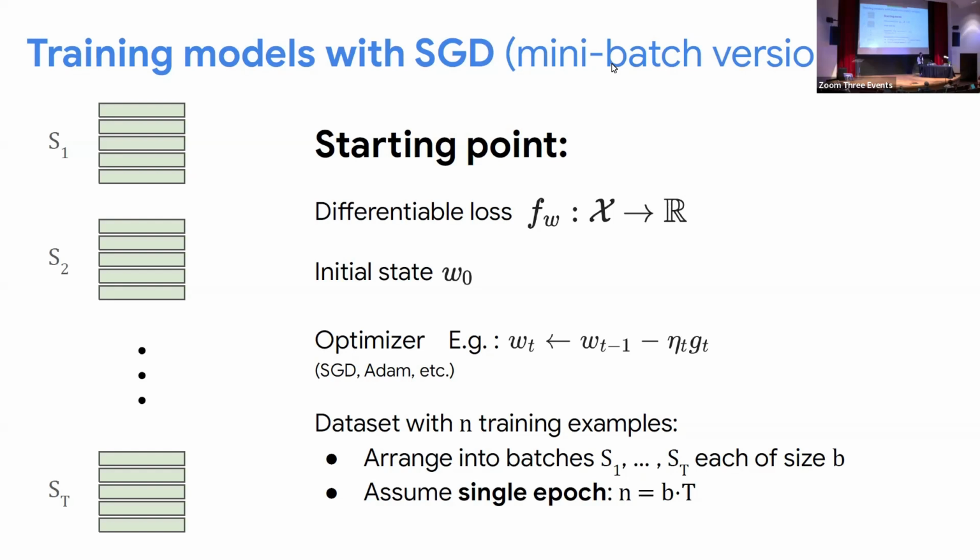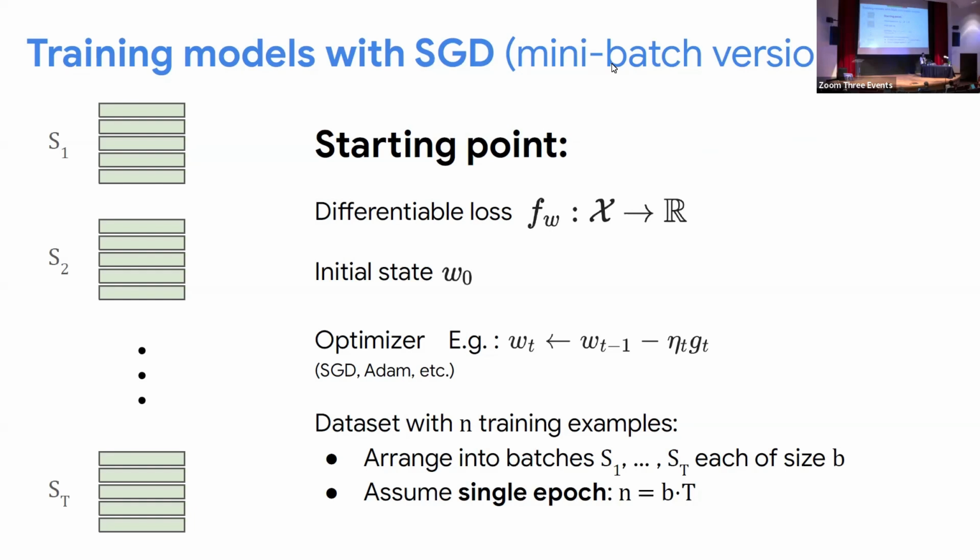To introduce how DPSGD works, I'll first start with the non-private version, which is just SGD, or the mini-batch version of SGD. When we train the model, we first start with a data set with n examples, and we split it into batches, called S1 to ST. We have a differentiable loss function, Fw, an initial state W0, and an optimizer.